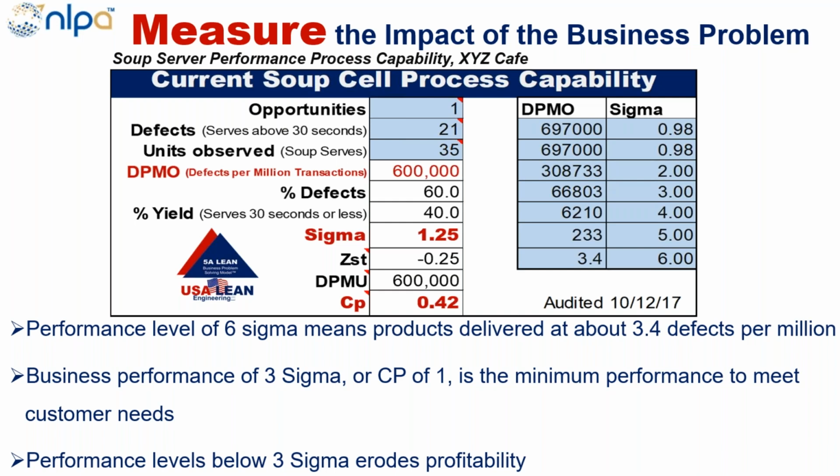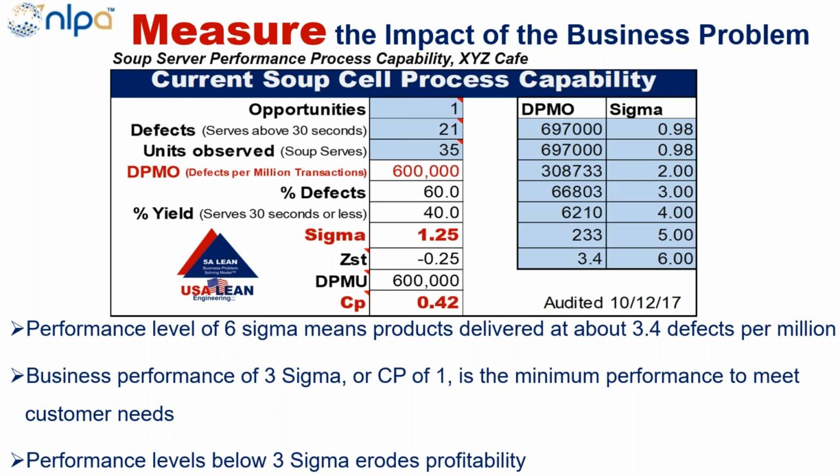And measuring process capability, defects per million opportunities, very, very important metric to understand. If you have a product or service, how many opportunities exist for a defect, and for every million parts or every million services, what is your defect rate per million opportunities?